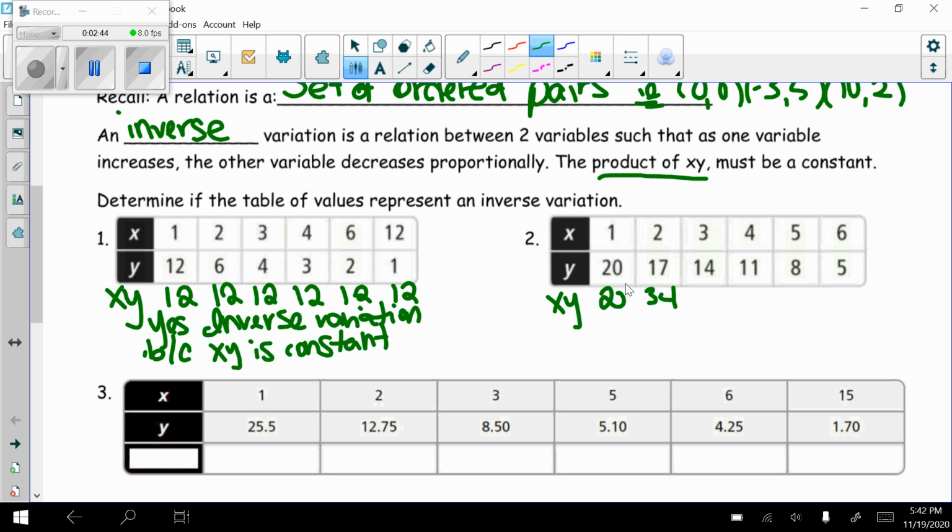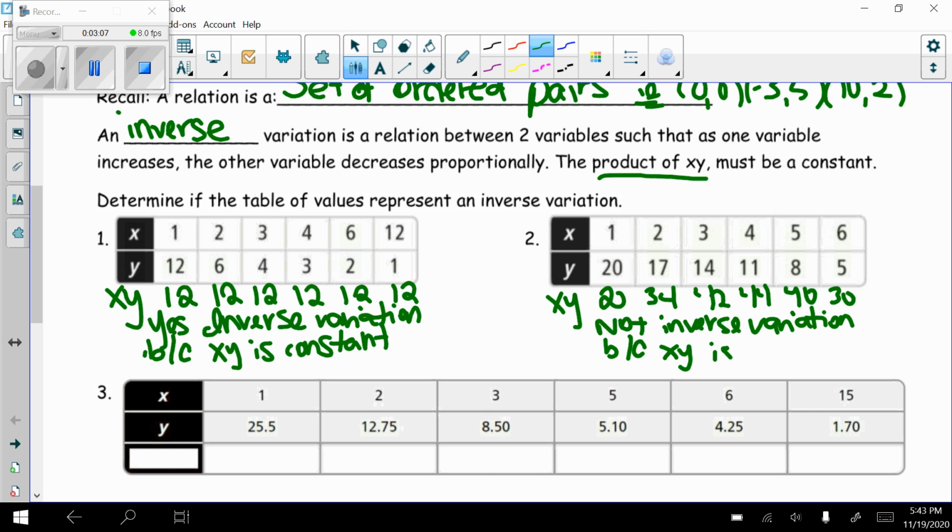If I wanted to, I could continue. 3 times 14, 42. 11 times 4, 44. 8 times 5, 40. 6 times 5, 30. But not an inverse variation, because the product xy is not constant. I did not get the same thing each time.